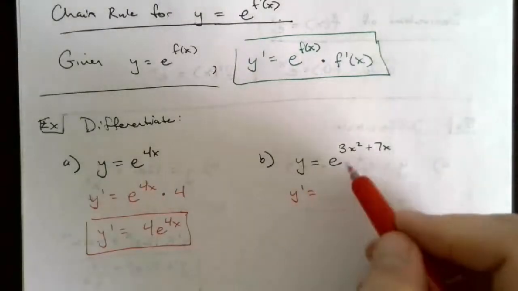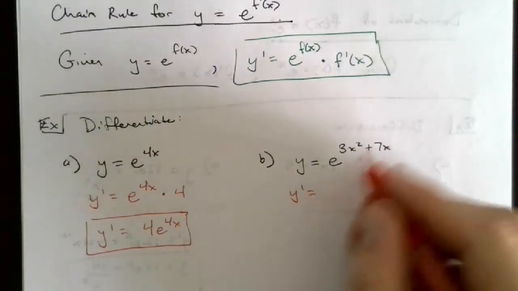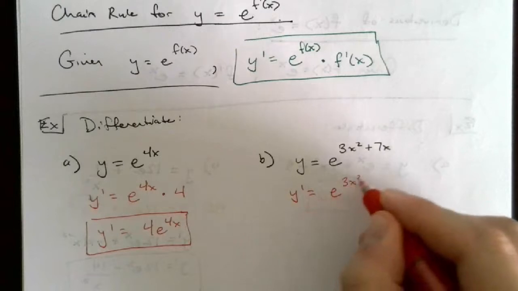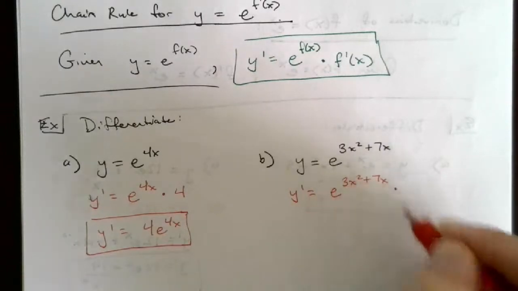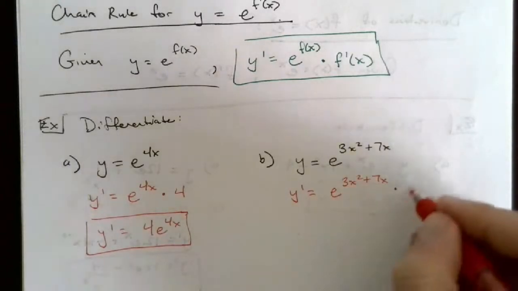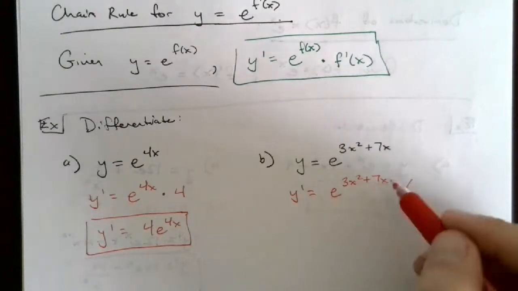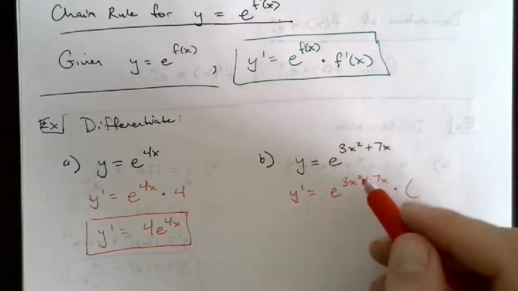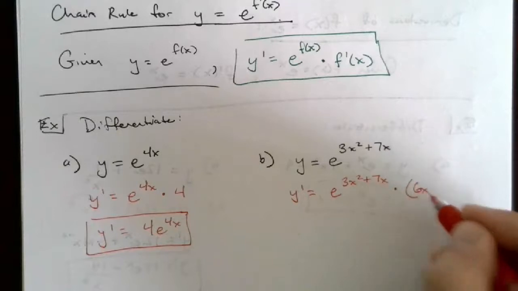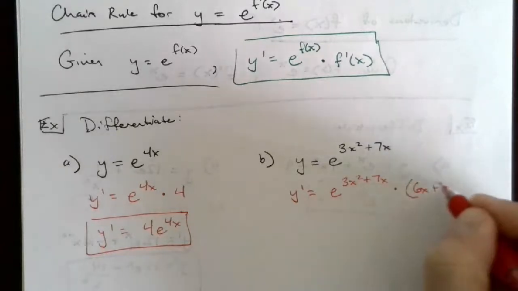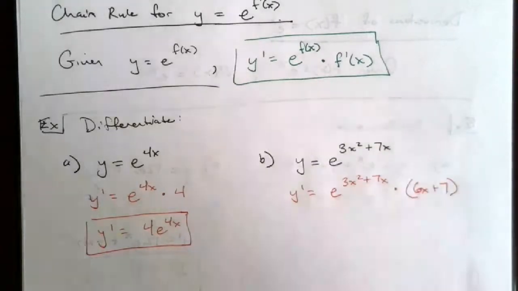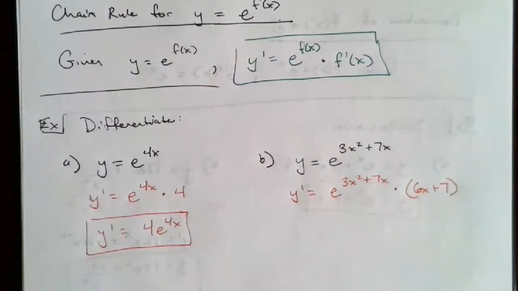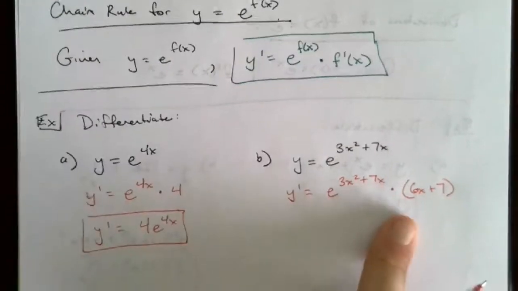So we just keep e to the 3x squared plus 7x, times the derivative of the exponent. The derivative of 3x squared is 6x, plus the derivative of 7x is just plus 7. Make sure you put parentheses around this, because it's times that whole exponent.